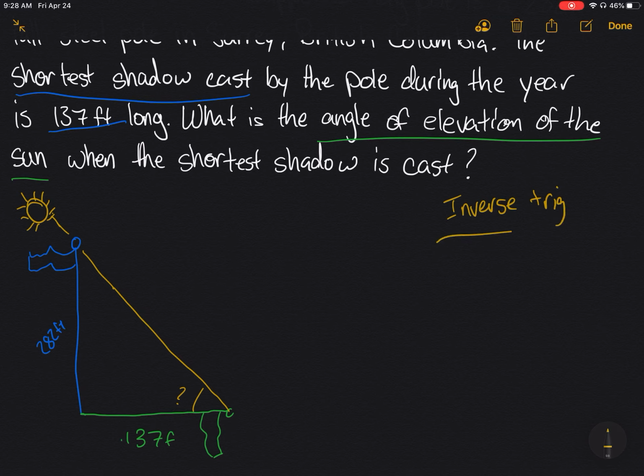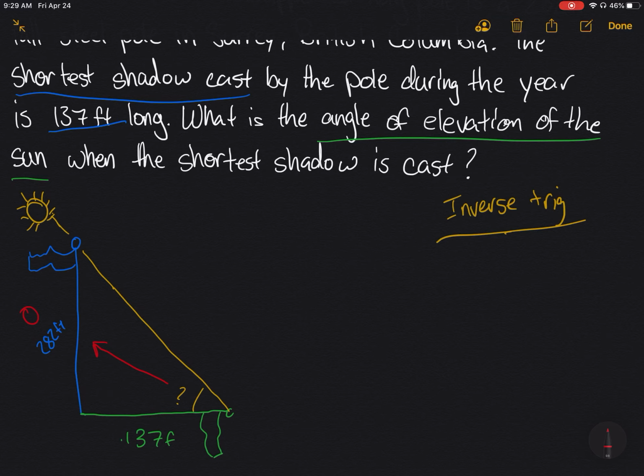And so to go about doing that, I want to figure out what I have in the problem. So I'm looking for the question mark angle. So let's label our sides based on that. Well, the first side we'll look at is 282 feet long, and it's on the opposite side of the triangle. So it's going to be the opposite.